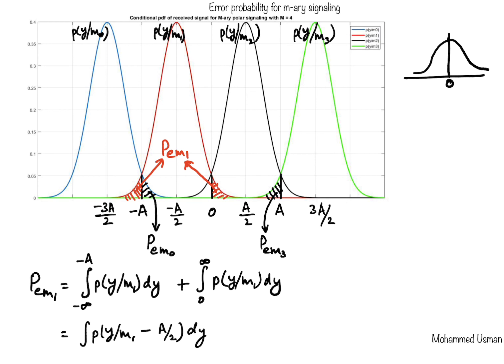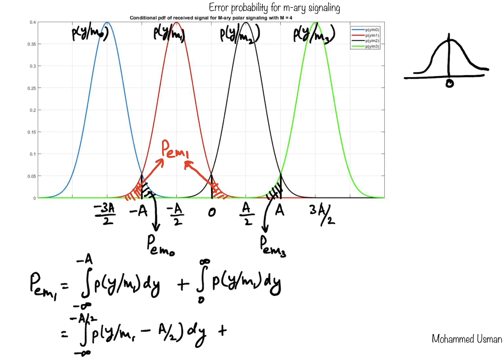The limits of integration will also get shifted to the right by the same amount. So minus infinity, shifted left or right, remains minus infinity, and minus a, when shifted to the right by a/2, will come to minus a/2.